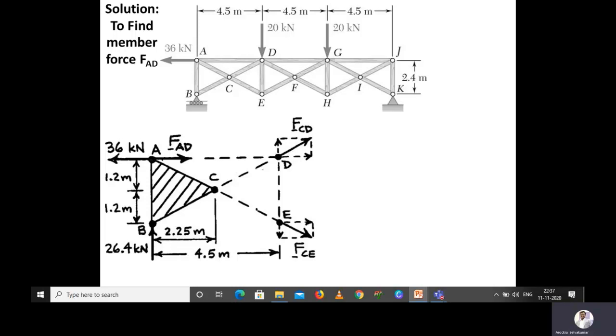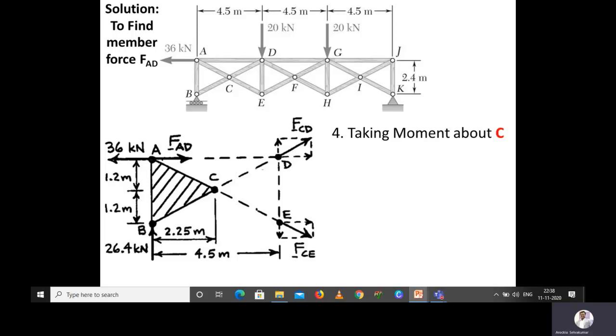So as we discussed in the class, the maximum number of unknown forces should be less. According to that, here we are taking moment about C. So if we are taking moment about C, you can see that the force which is acting along CD, FCD, will be 0, because as per the principle of transmissibility, you can transfer the force FCD to point C, so obviously the moment about that particular point will be 0.